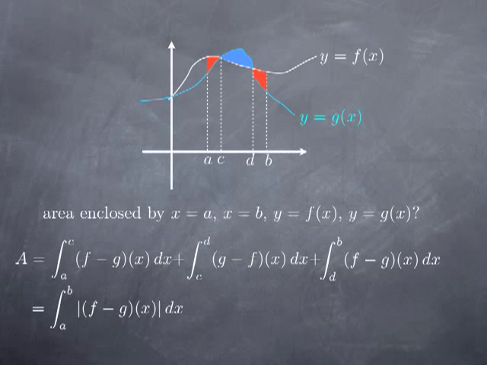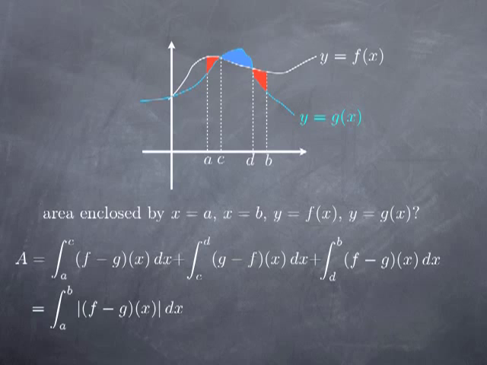On the second one, absolute value of f minus g is g minus f because g is greater than f, and of course on the last one it is f minus g again. Now in practice we don't really use this absolute value. We have to go down to finding the intersection points.